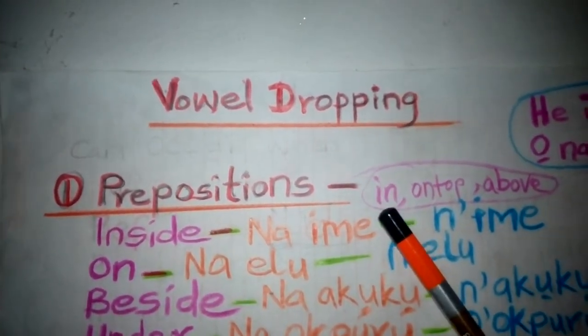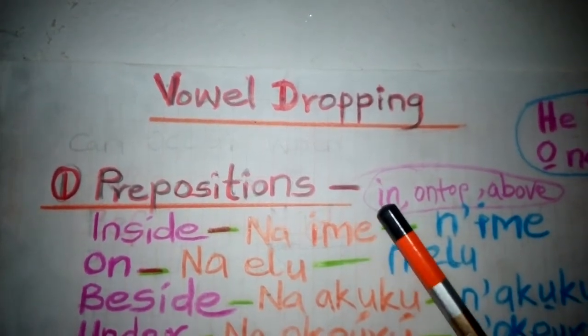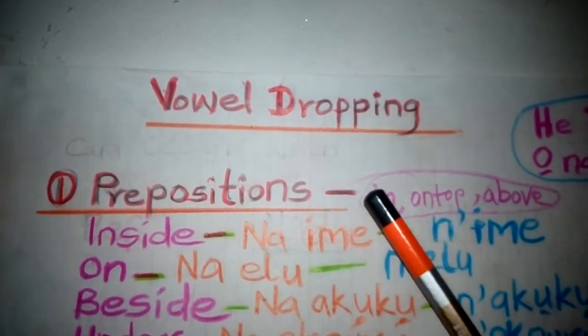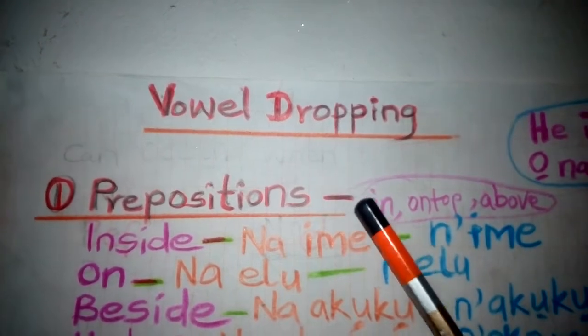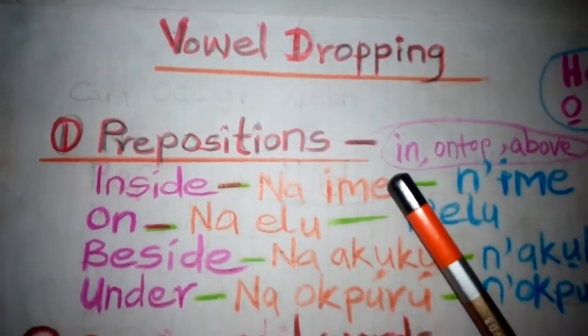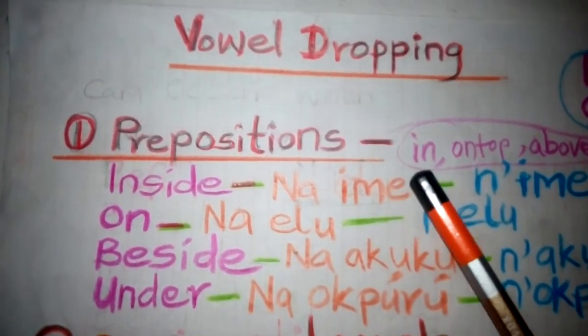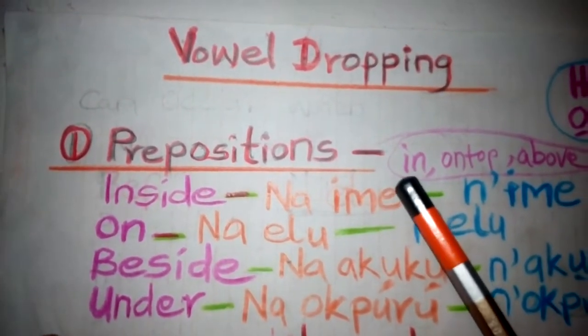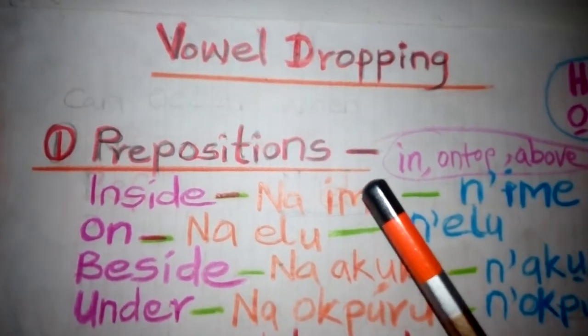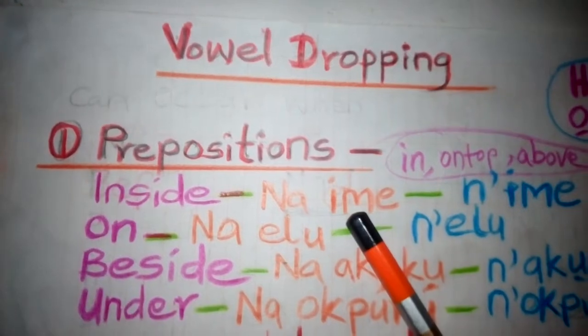That means when two words are near each other, the last vowel in the first word and the first vowel in the next word is what we are talking about here. The first vowel will be dropped.